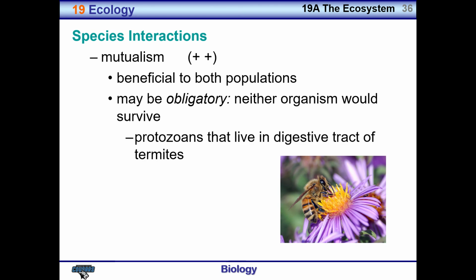And the termite digestive system provides a nice place to live for the protozoan. Lichens are like that, where you have a fungus and an algae that are growing together, and they both benefit by that relationship. But it doesn't have to be obligatory.